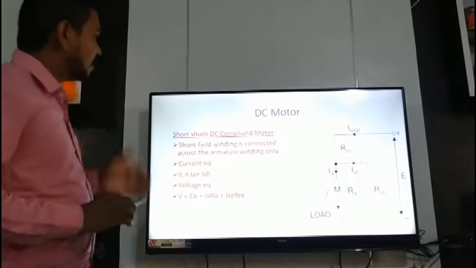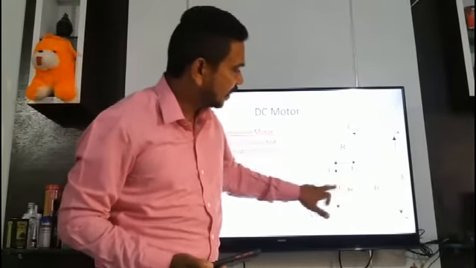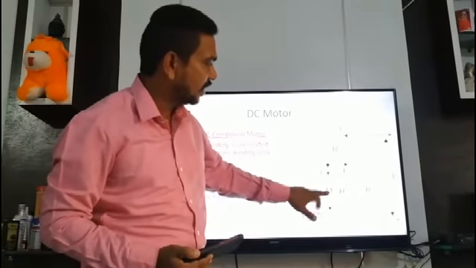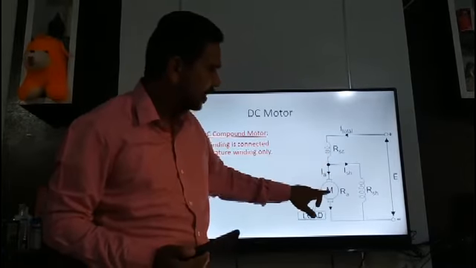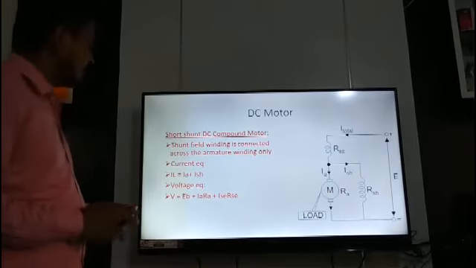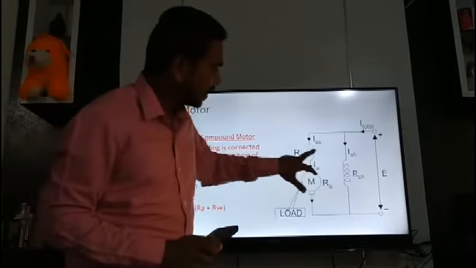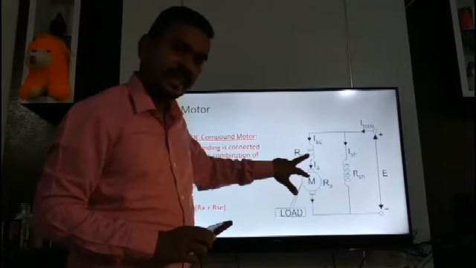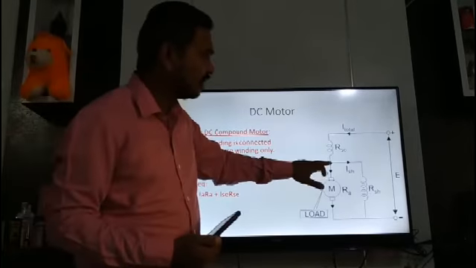In short shunt DC compound motor, the shunt field winding is connected in parallel with the armature winding. It is not connected in parallel with the series combination of series field winding and armature winding. In long shunt, the shunt field winding is connected in parallel with the series field winding as well as the armature winding. This is the difference between these two.